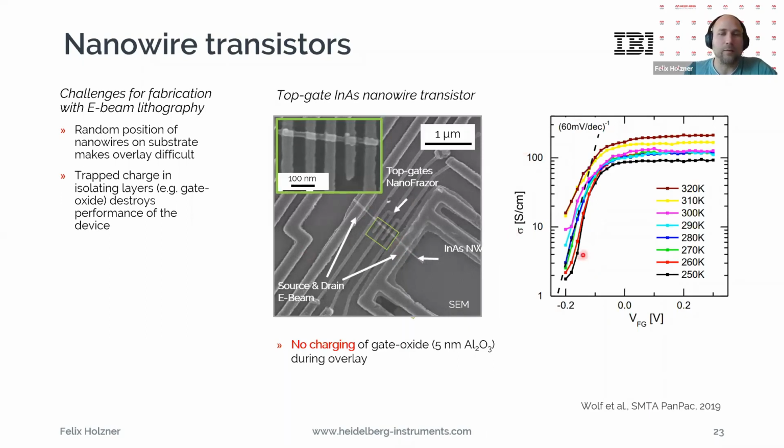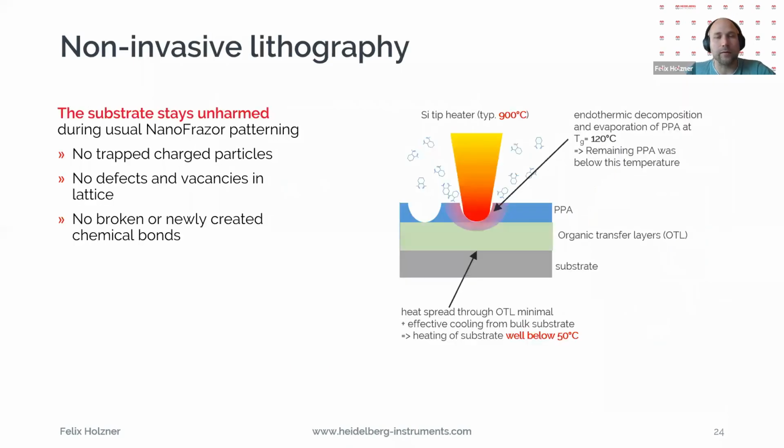And here the first device we made was outperforming all the devices they made before. And that was for us really a point where we said, hey, actually, that's a really big advantage for many sensitive devices. And indeed, this is now one of the key selling points, I would say, for our technique. And we call this non-invasive lithography.